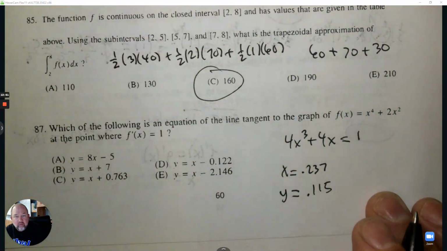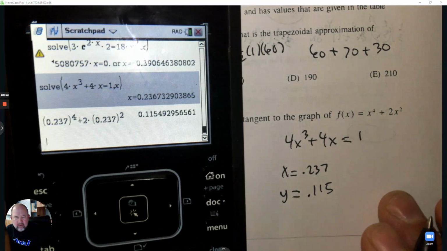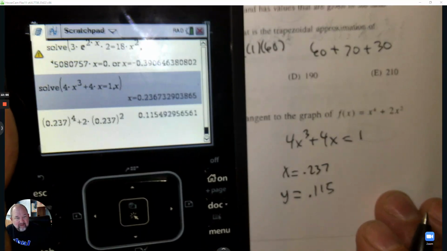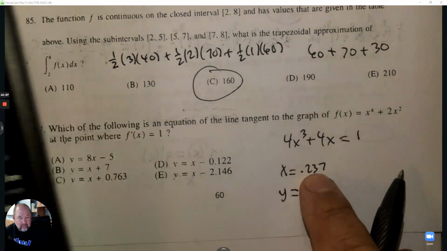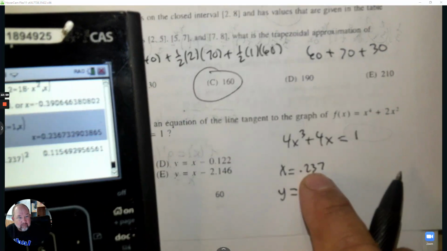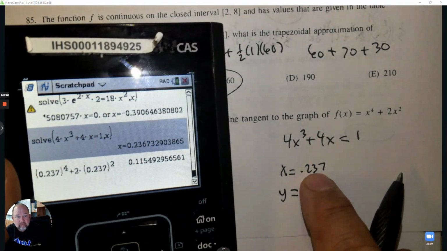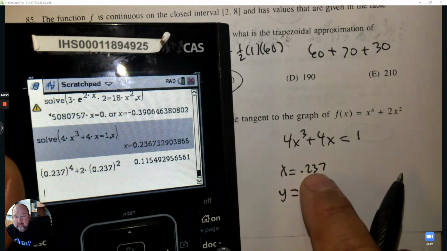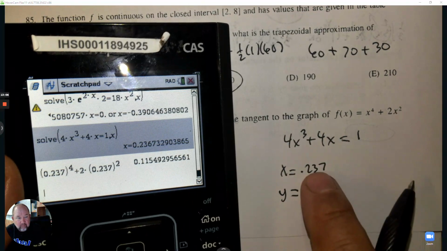And then I need to do the derivative. I hope this works. I'm going to do the derivative and plug this into the derivative. So into here, I'm going to plug 0.237.